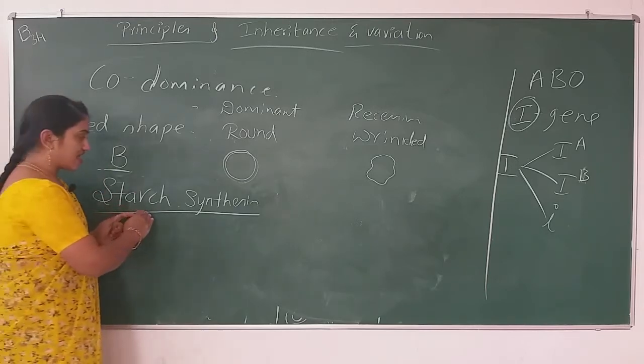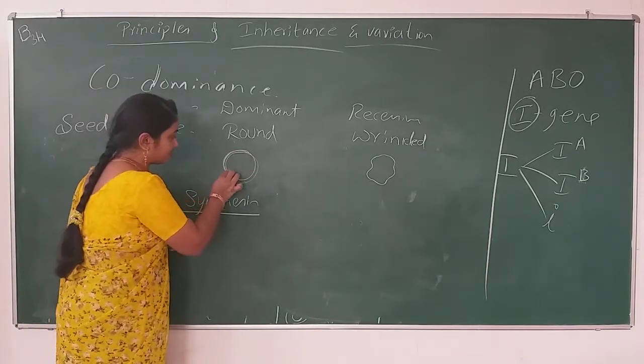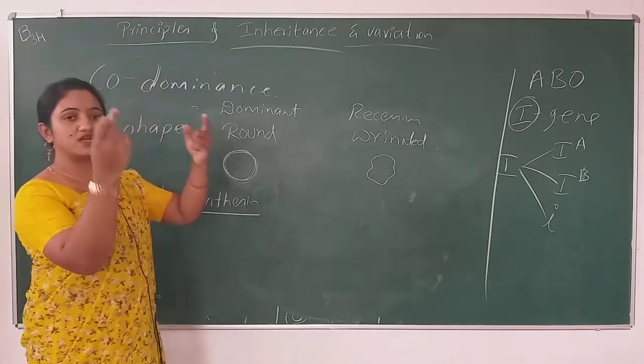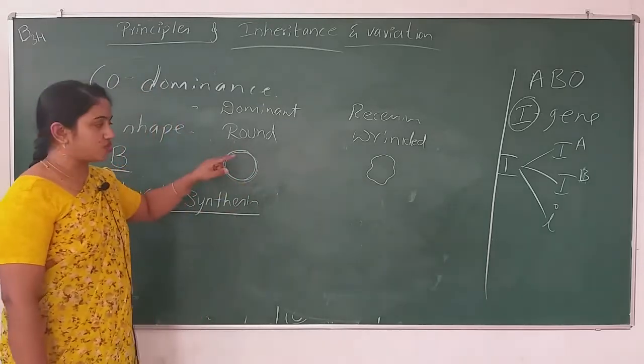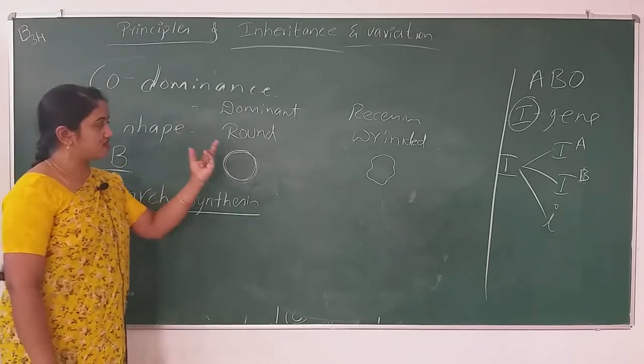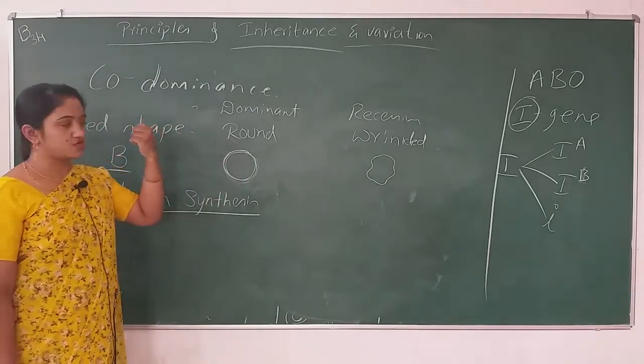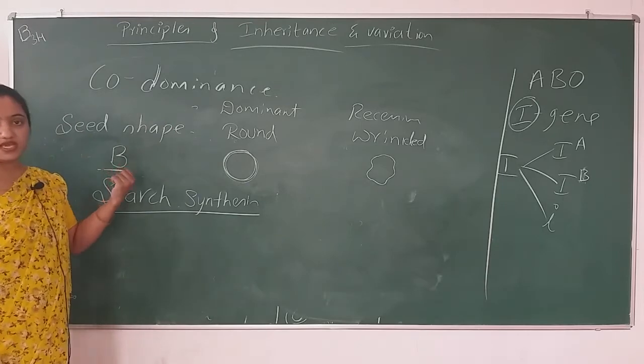If it is producing a large amount of starch, the size will be bigger, the shape also becomes round. So the result is in front of you, because of the one gene called B.